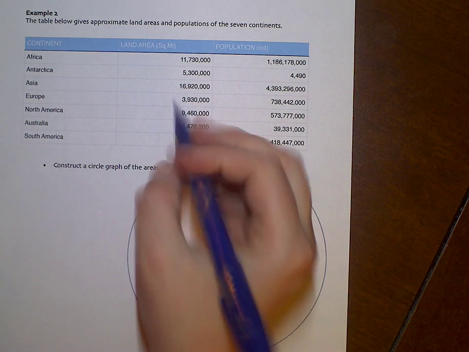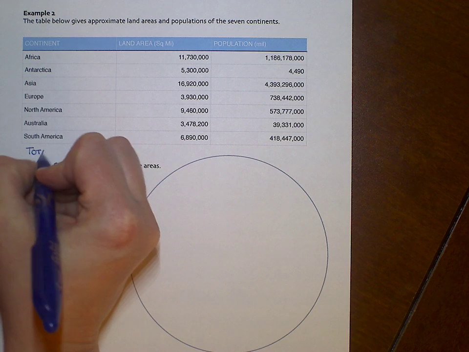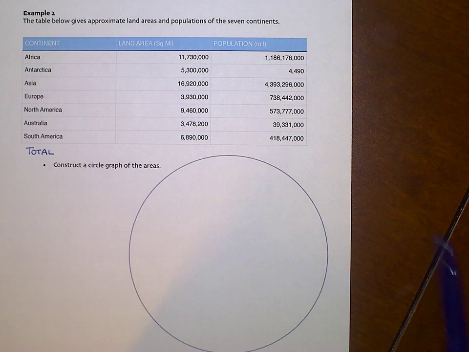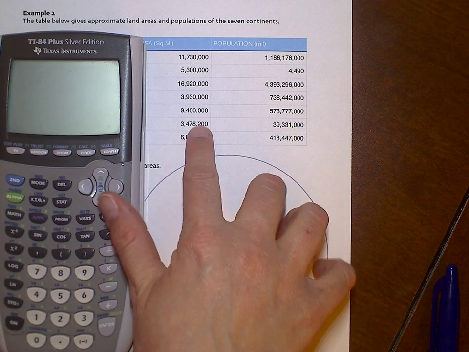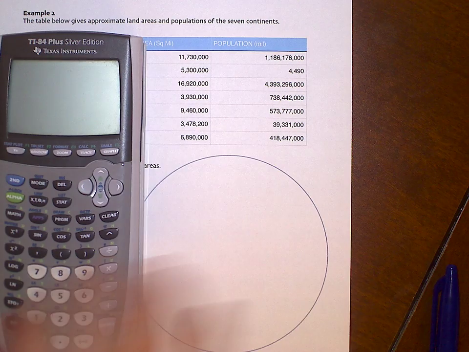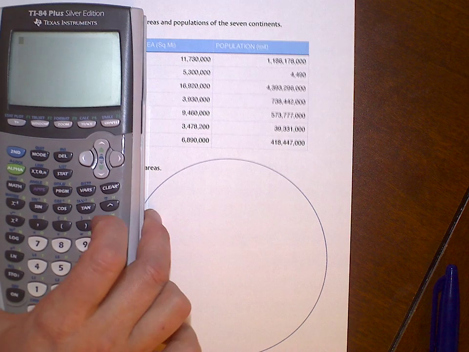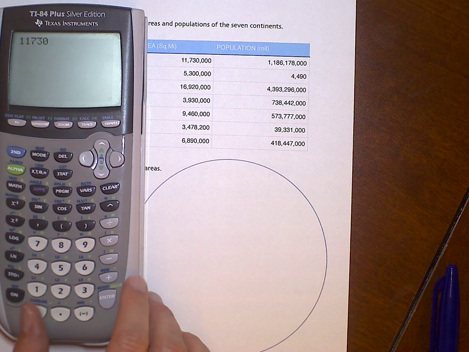So I need to find the total area here. So I'm going to add all of these numbers together. And what I think I'm going to do, let's see, this one has a 200 at the end, but otherwise they all have all zeros. So just watch what I'm going to do here. You could type it in with all the zeros. I'm just going to type it in without those zeros at the end.